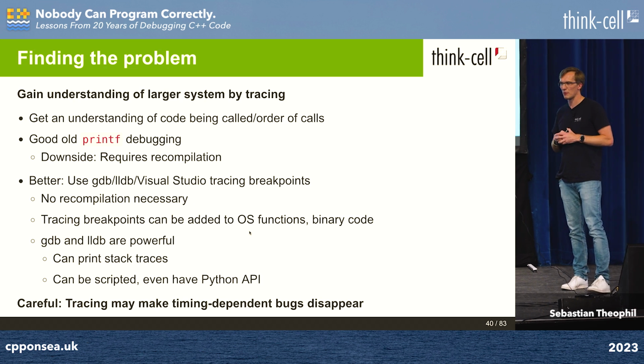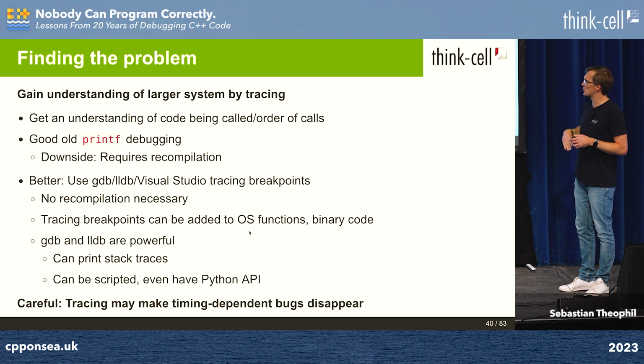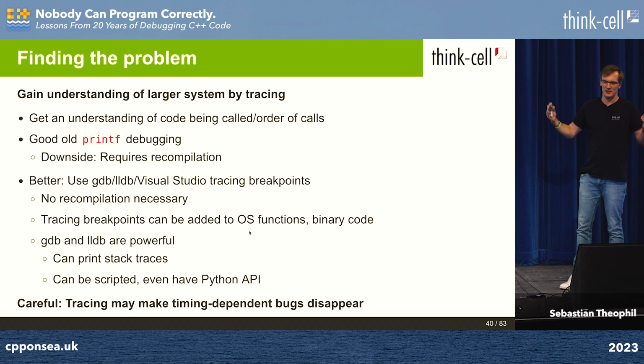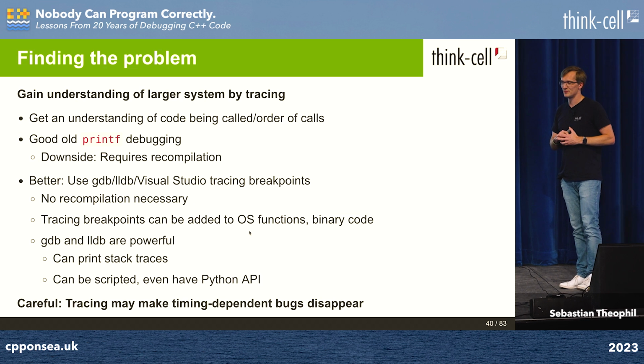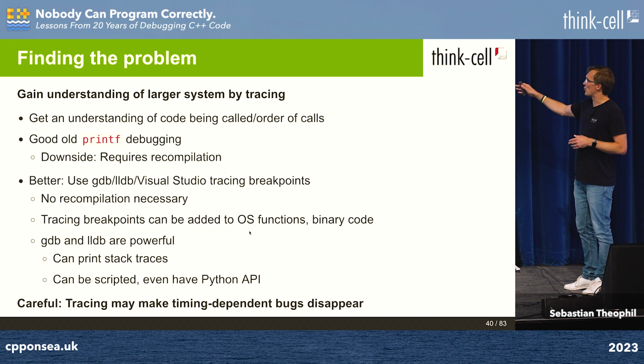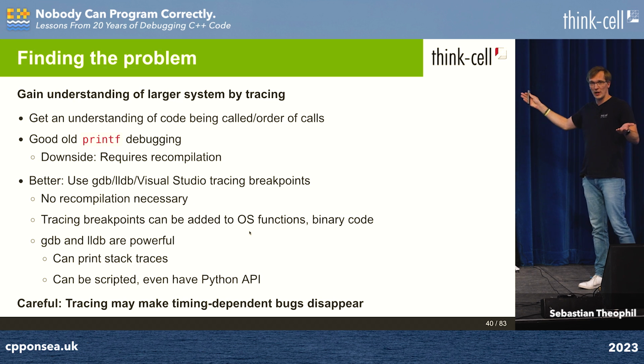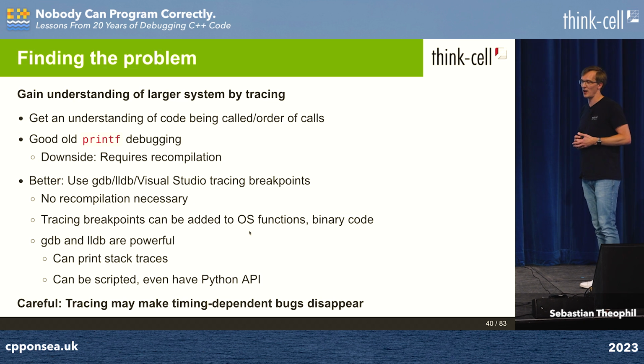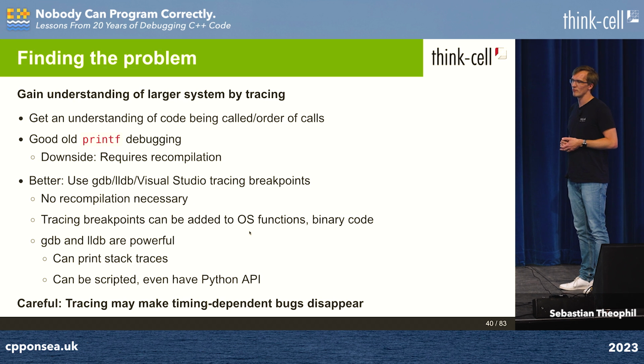That's a very good technique. And you can even script those with Python to create breakpoints when breakpoints are hit or something. I haven't used that. Again, those breakpoints, because they use the debugger, might make some timing-dependent bugs disappear. And then you unfortunately actually have to use printf debugging.